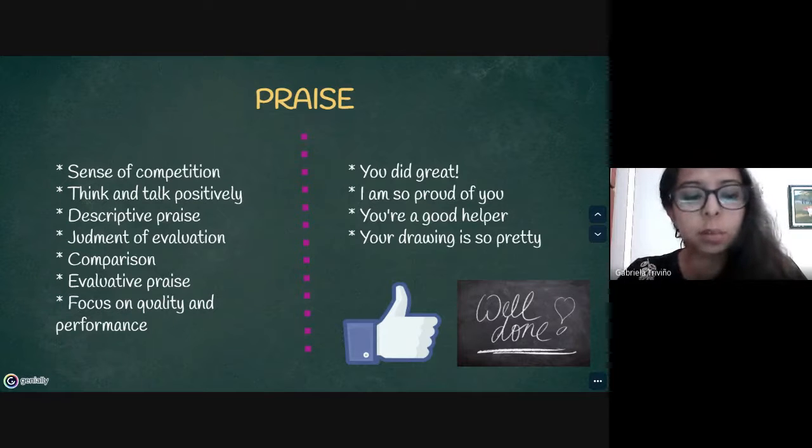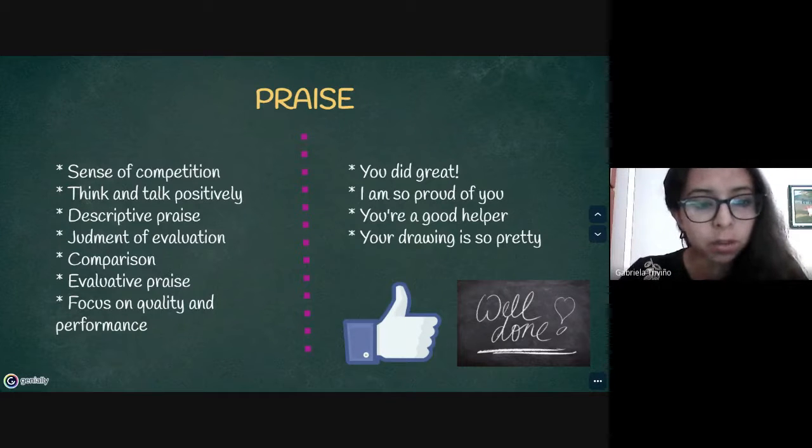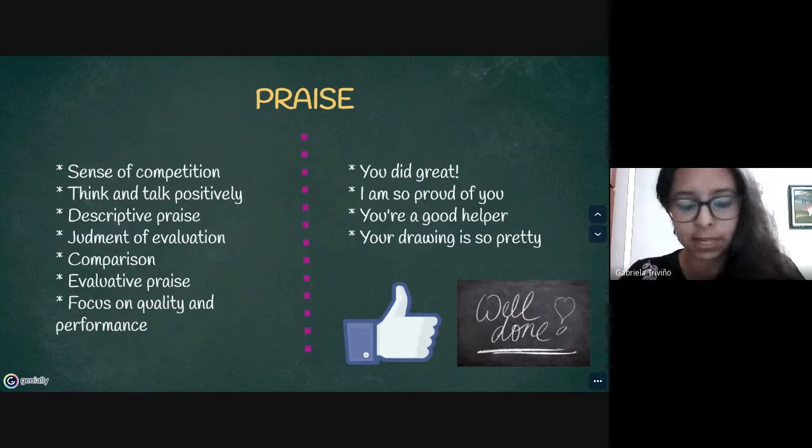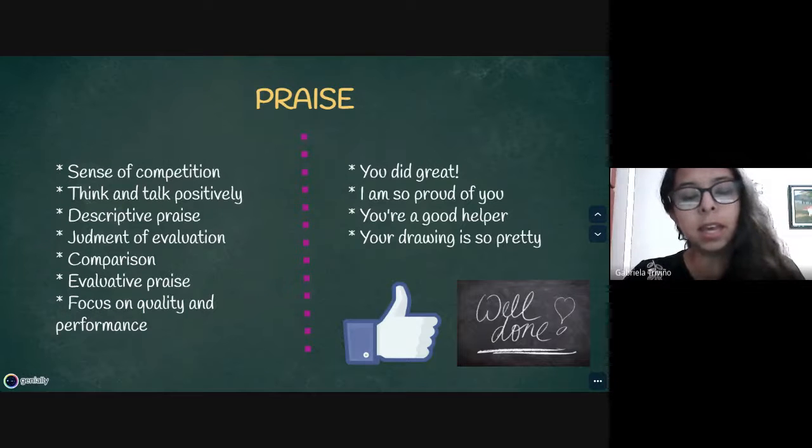Praise also makes the students think or talk positively about themselves. And also, there is something called a descriptive phrase. It is similar to the competition, and with this you can create, for example, anxiety or dependency, as in the example I told you before.